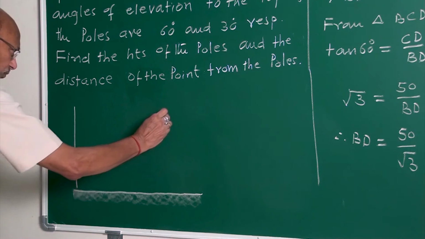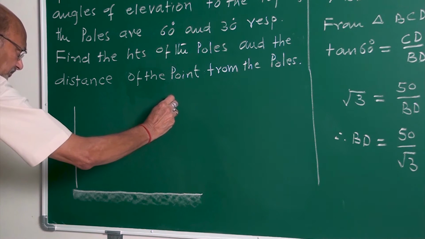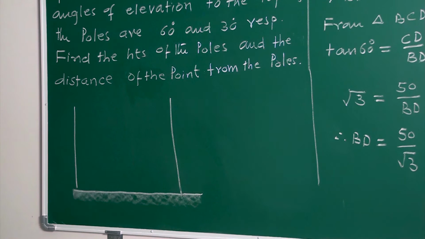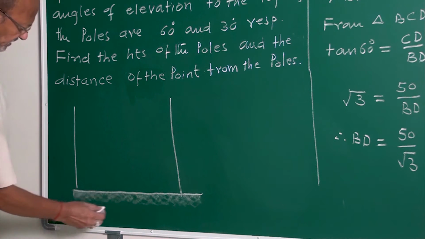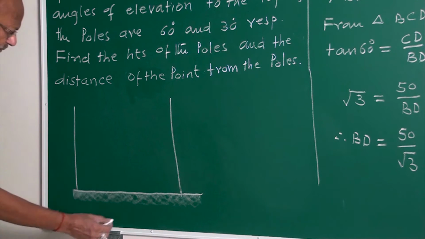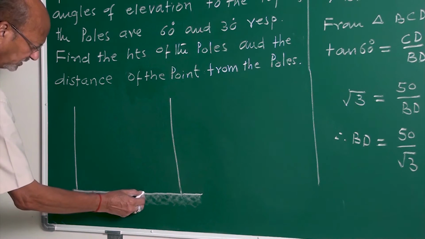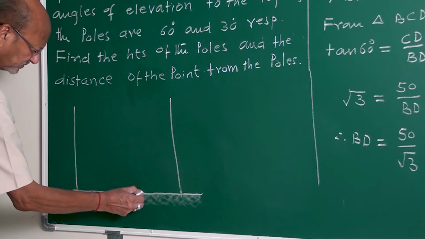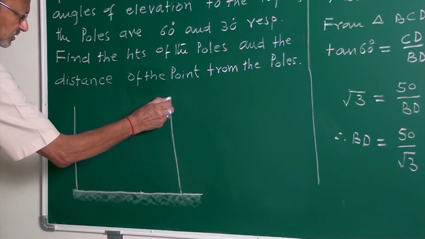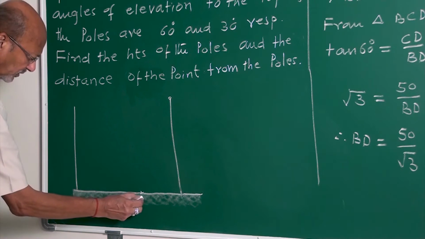This is one pole, and this is the second pole. Say P1, P2 are the poles. The point is settled here, and this is your observing point.